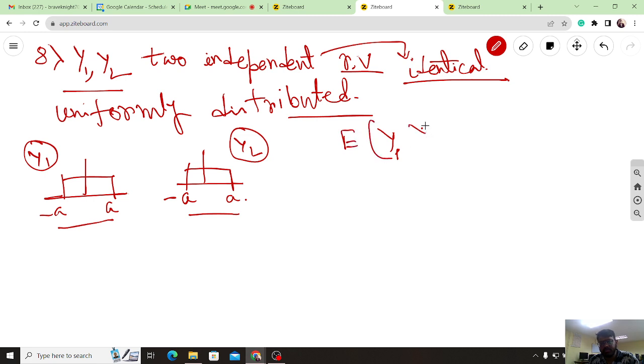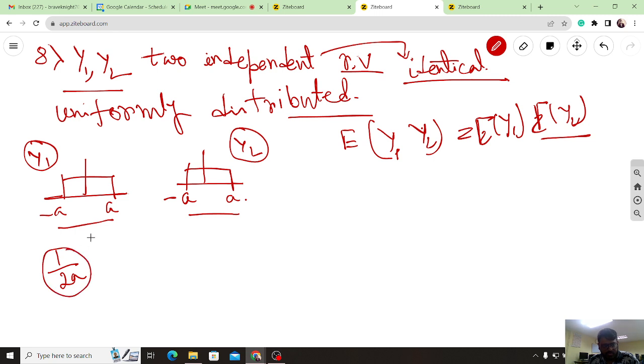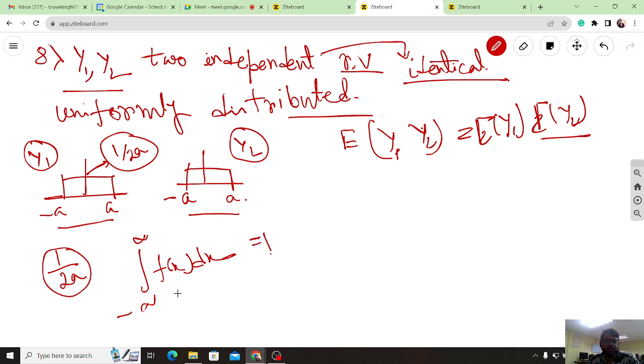I can write the expected values of y1 and y2, and they are identical, stretching from minus a to a. So basically that value is 1 by 2a, to hold the equation integral of f of x dx from minus infinite to infinite equal to 1.